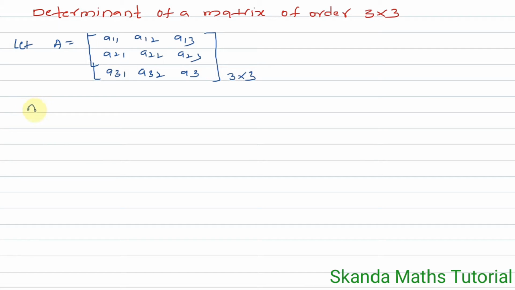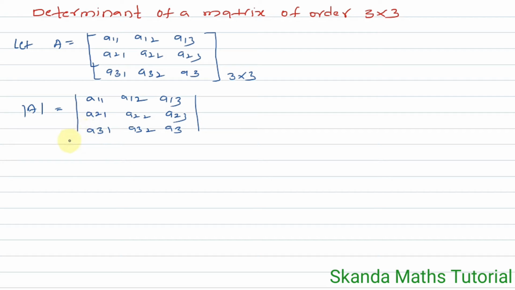Now I am going to find the determinant of A, which we can write like this: determinant of A, with the same entries. So this is the determinant of capital A.